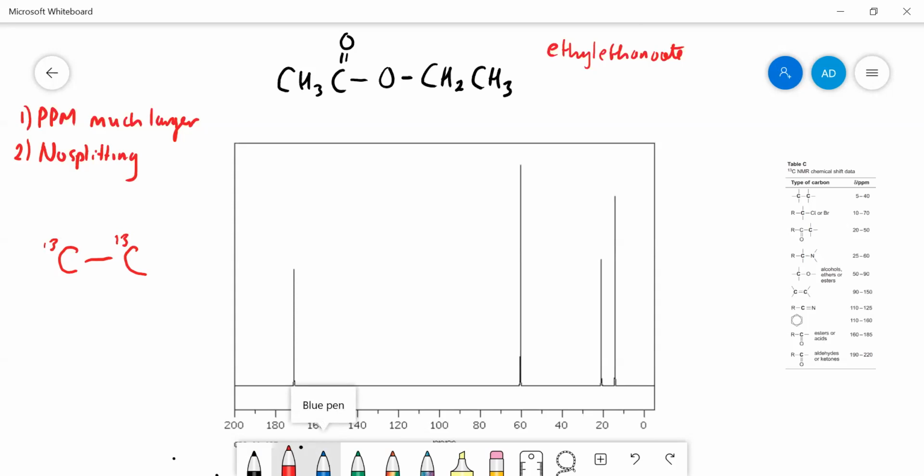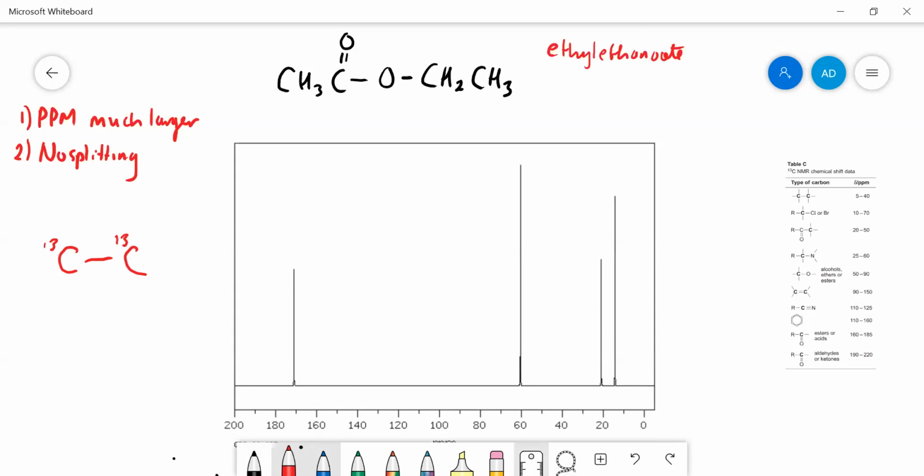Because it's only 1 in 100 carbon atoms that is carbon 13, the chance of that happening is not very great, and so you don't get any splitting. So you don't get as much information as you do from 1H NMR.